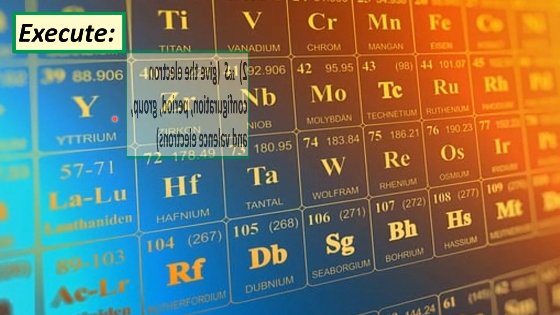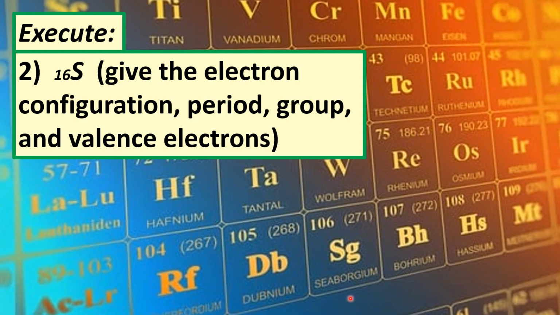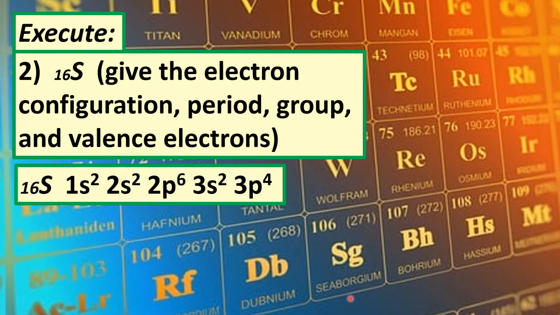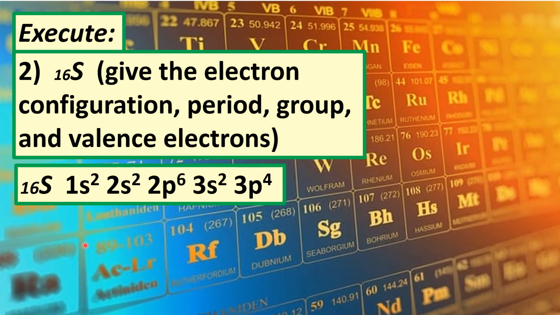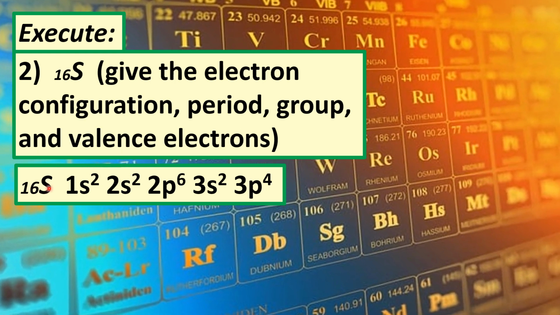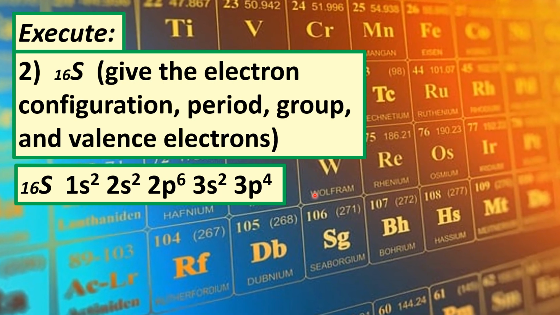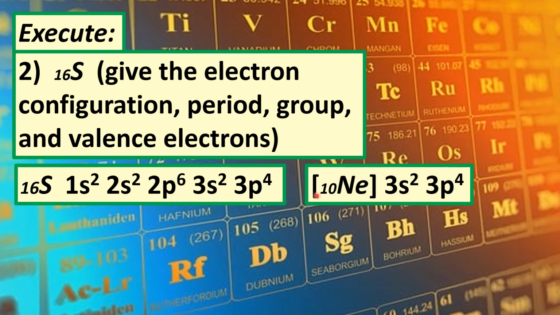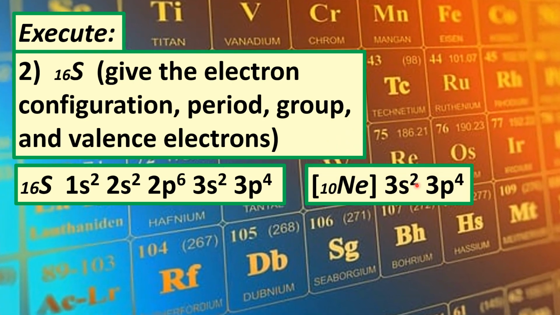Alright, for question number 2, we are given the element sulfur. Its electron configuration, since the atomic number is 16, will be 1s2, 2s2, 2p6, 3s2, and 3p4. Or using the shortcut method, that will be bracket neon 3s2, 3p4.